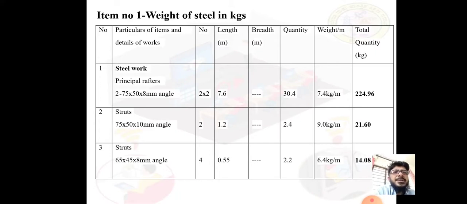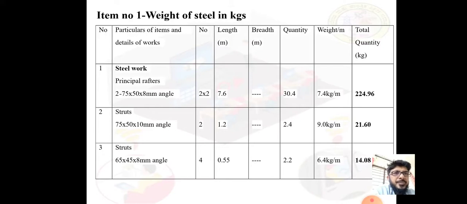So first one is steel work. The principal rafter is marked as number 1. The section is 2 into 75 into 50 into 8 mm, two numbers, and its length is mentioned there as 7.6.